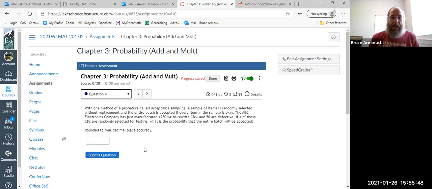The ABC Electronics Company has just manufactured 1,950 rewritable CDs and 50 are defective. If 4 of these CDs are randomly selected for testing, what is the probability that the entire batch will be accepted?